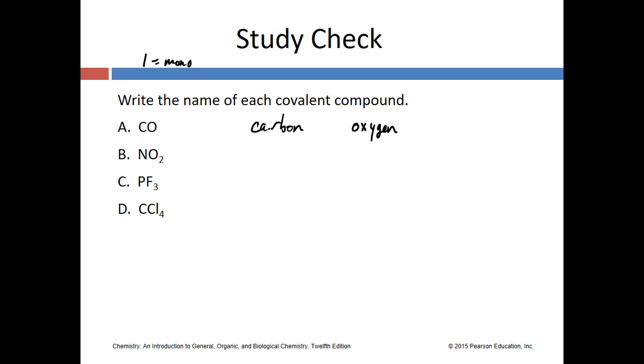On the first element, that's implied, so I don't need monocarbon there. I just need carbon. For oxygen, we're going to change that from oxygen to monoxide because we need to add the prefix and we need to change the ending to IDE. And so the name of this compound would be carbon monoxide then.